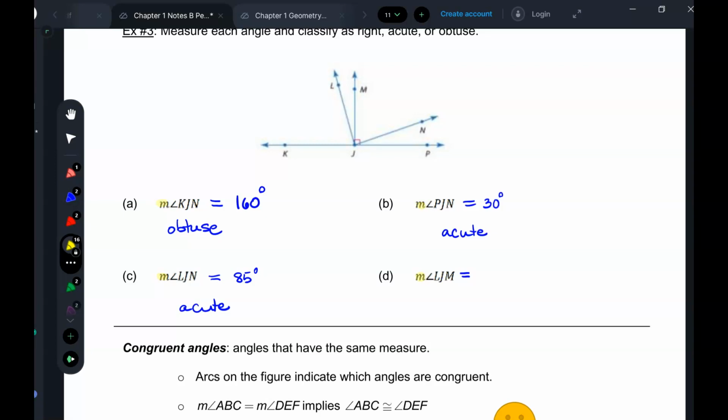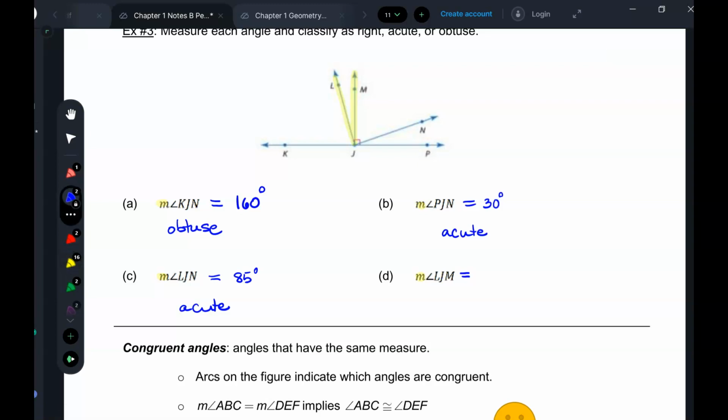When you're writing which angle it is, like what it's pointing to, because there's two sides to an angle. Right, so I'm tracing from L to J to M. That's the angle. So I'm trying to focus on just that angle.